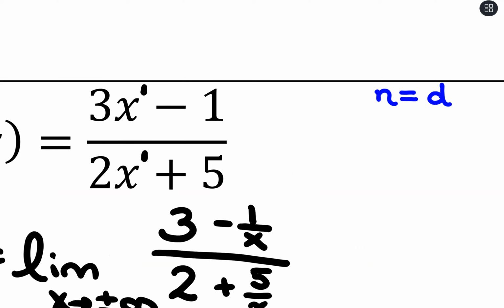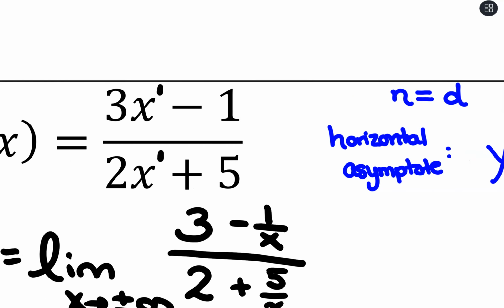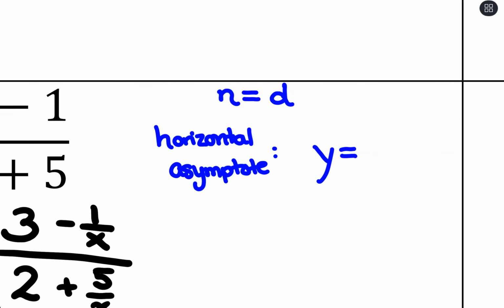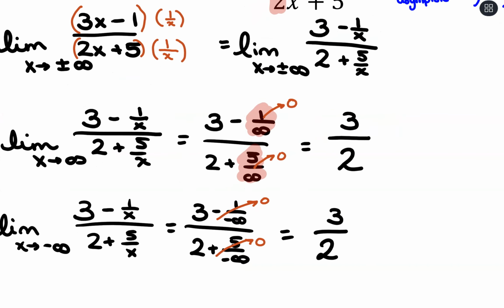When that happens, the rule for our horizontal asymptote is that it's always going to be y equals the leading coefficient of the numerator divided by the leading coefficient of the denominator. So you take those numbers and divide them. What we have for this graph is a horizontal asymptote of 3/2, which describes our long-run behavior. So that's where those limits are coming through for our function.